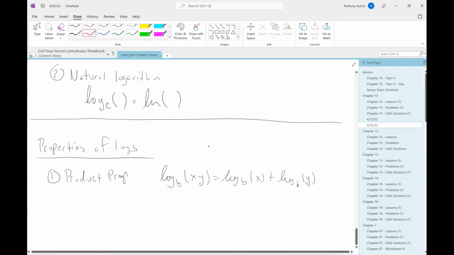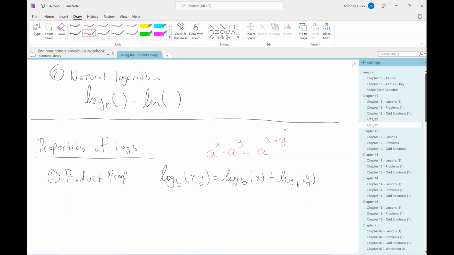What this really is, though, is just the logarithmic version of this property of exponents: when we multiply two exponentials with the same base, we add the exponents. Here we're saying that multiplication outside the exponential turns into addition inside the exponential.